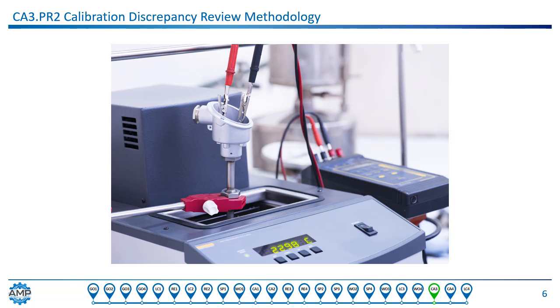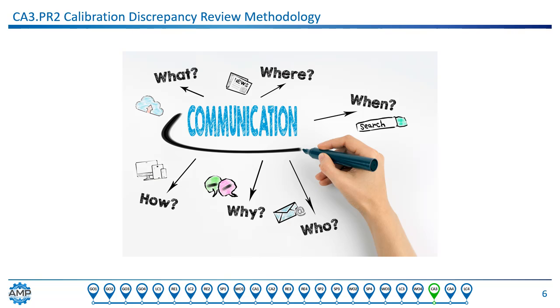When the calibration program discovers equipment that is out of tolerance, it is very important that the deviation be communicated and evaluated in a timely manner. Needing to have a process is important, as discussed previously, but that process must be structured to contain certain elements. Communication. There must be some time constraints around deviation reporting.